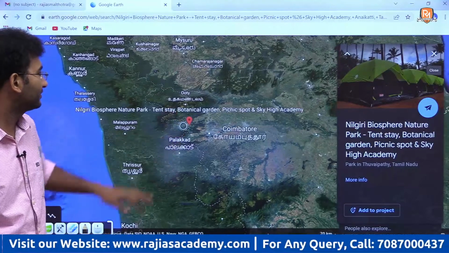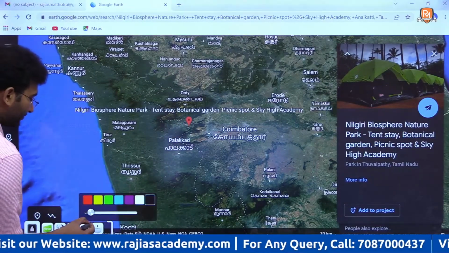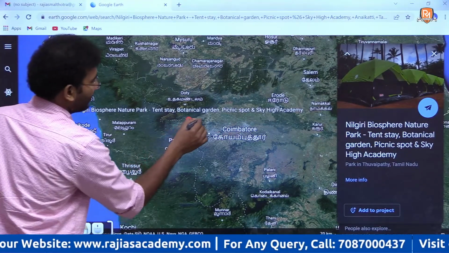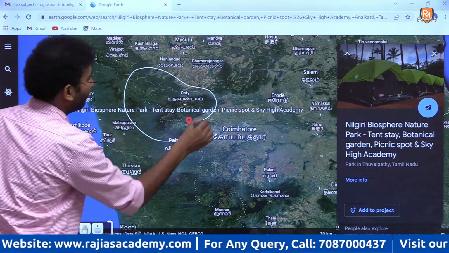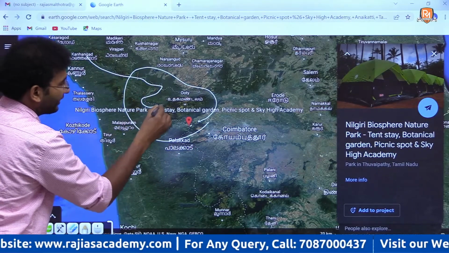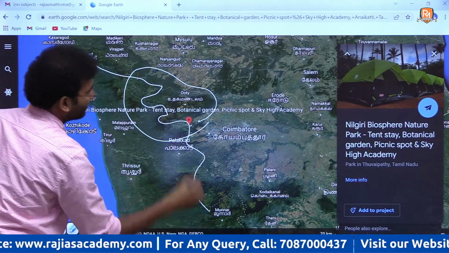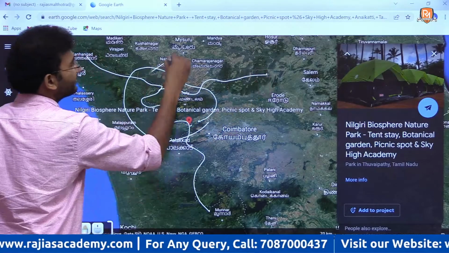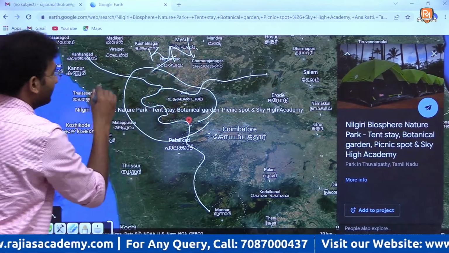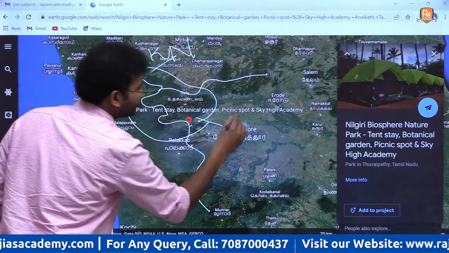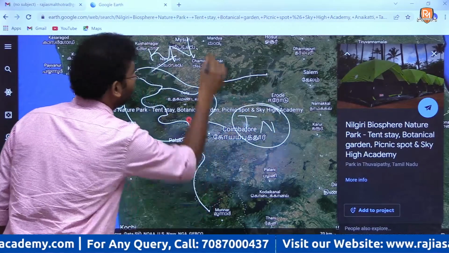Trijunctional area means, look here, it is this particular area where, look at the boundary lines. This is the state of Karnataka, this is Kerala, and this is Tamil Nadu, right?